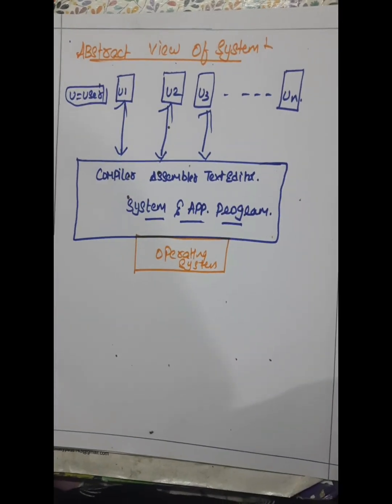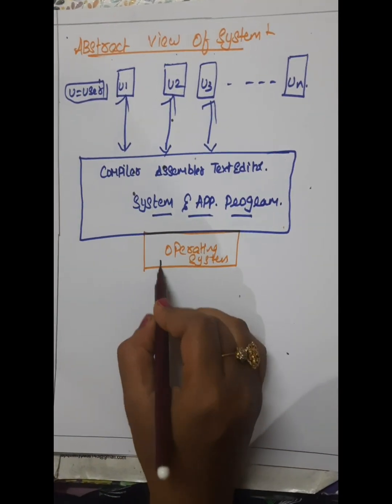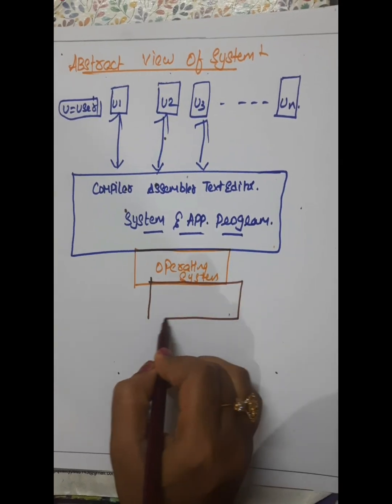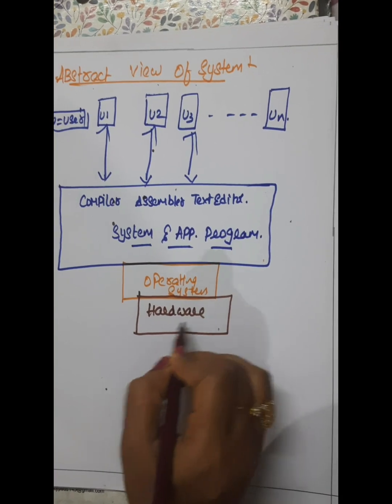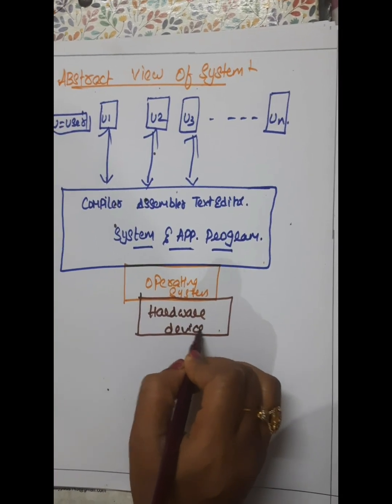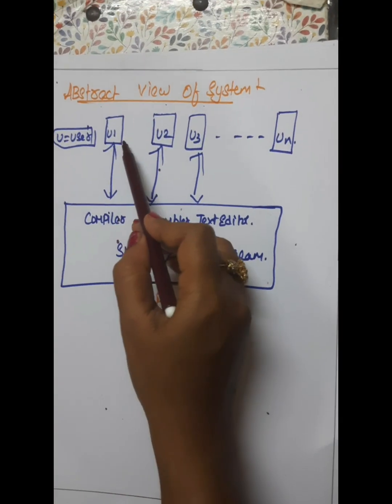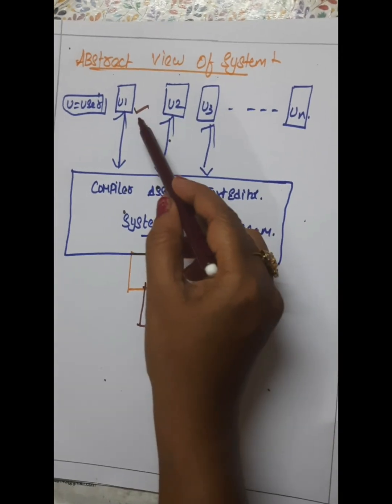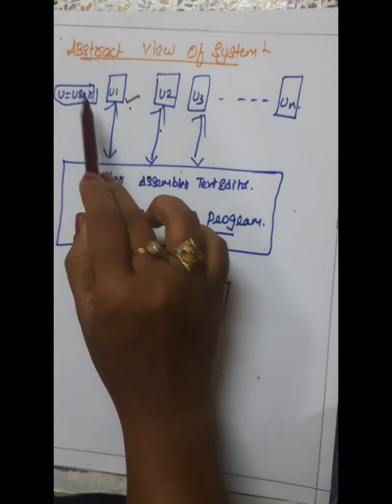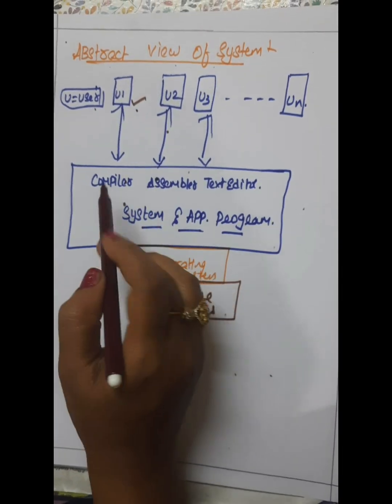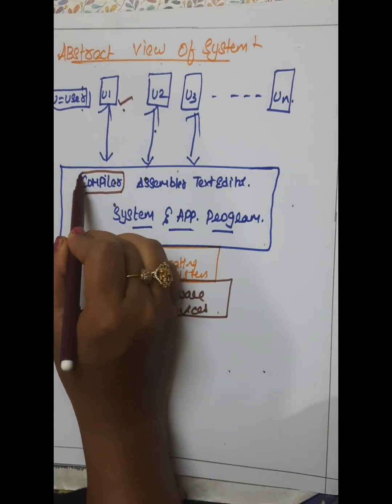And in this operating system, you can have some hardware devices. So, as usual, what is a user? User is nothing but the person who is operating the system. Okay. So user 1 is first dealing with what?